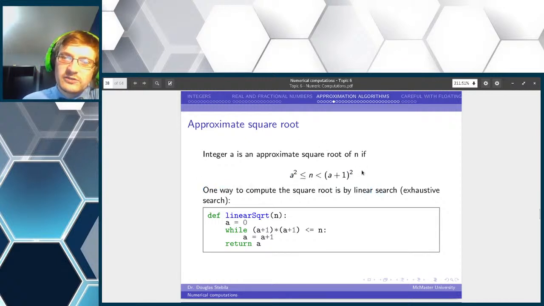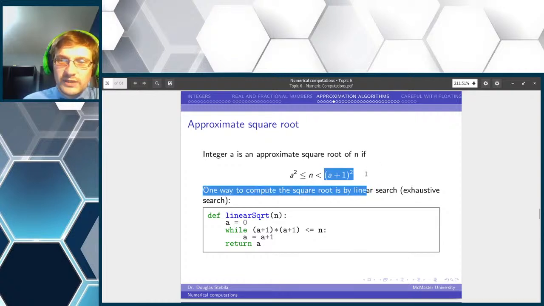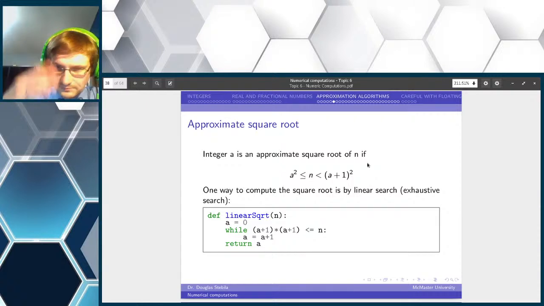So let's create an algorithm that calculates for us the approximate square root of some number n. We will define the approximate square root such that if a squared is less than or equal to n, and n is less than a plus 1 squared, then a will be the approximate square root.